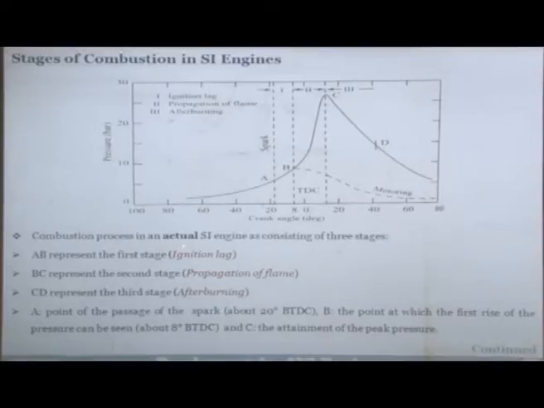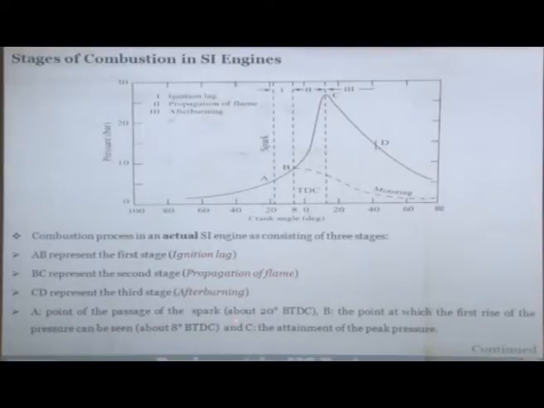So, the combustion process in an actual SI engine consists of three stages. The first stage, AB, represents ignition delay. The second stage, BC, is called propagation of the flames. The third stage represents after burning.